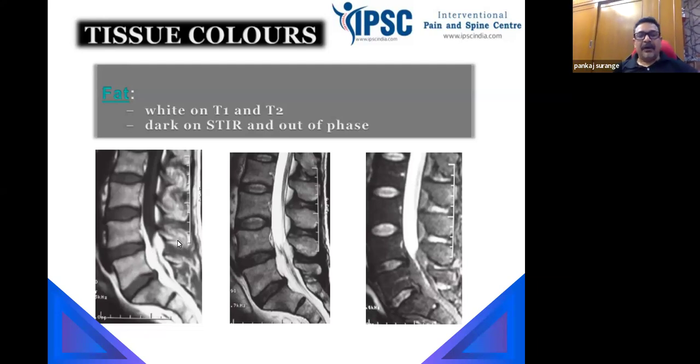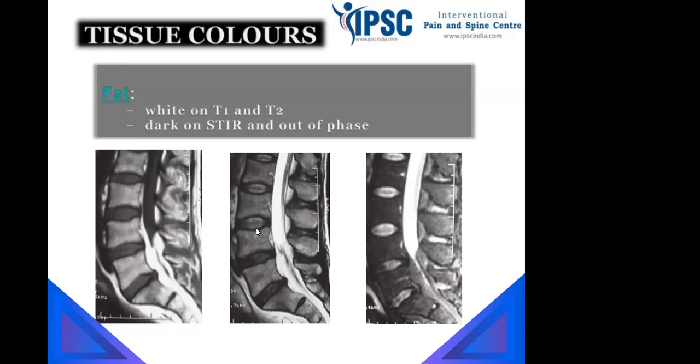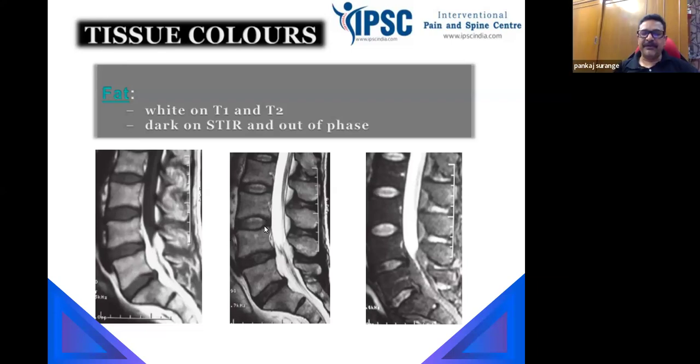Now, one thing I wanted to show you is the disc. Can you make out some difference between this disc and this disc? On T1 it is a diffuse dark structure, whereas on T2 it is dark in the periphery and slightly whitish in the center. That is the hydrated nucleus pulposus.